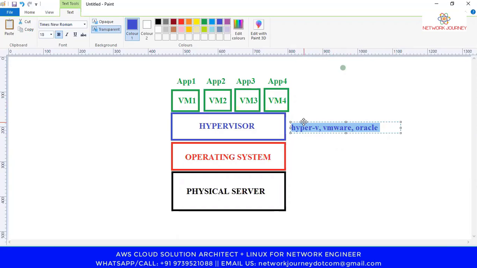Hyper-V is from Microsoft, VMware Workstation, Oracle. So this can be installed on top of any operating system. Based on the operating system, you need to install. For example, usually if you are installing any software based on the Windows or Linux operating system, you will install the software, right? The same category only. So got it?